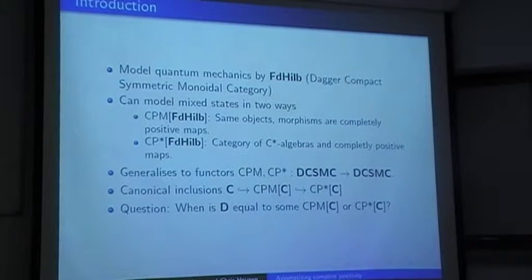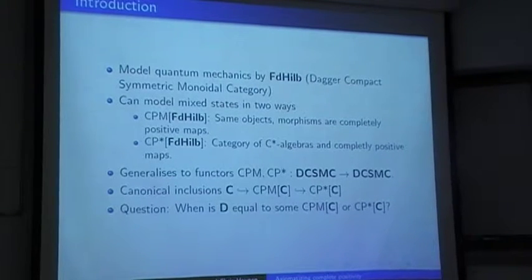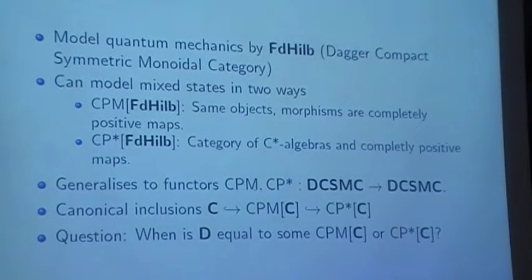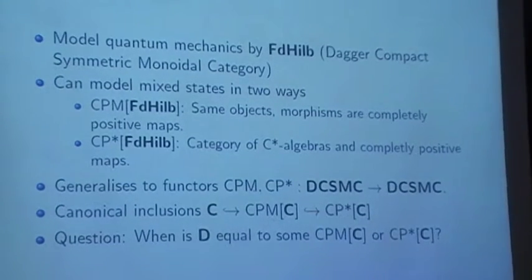And so this gives you a dagger compact symmetric monoidal category. I'll explain what that means later, but I think it's already been covered in several previous talks. So yeah, that's the category of quantum systems and the pure maps between them.